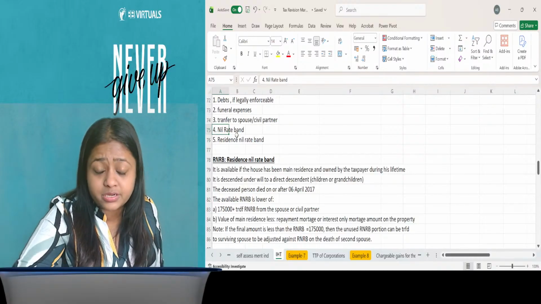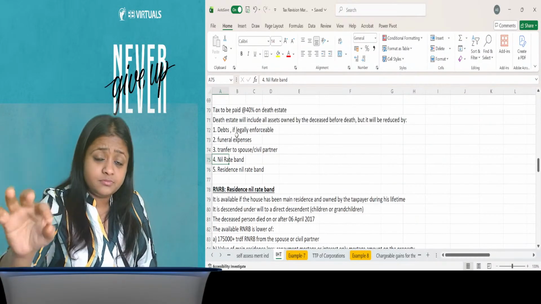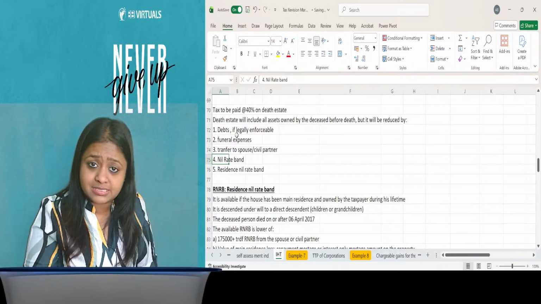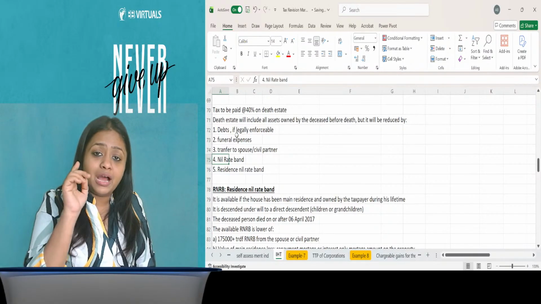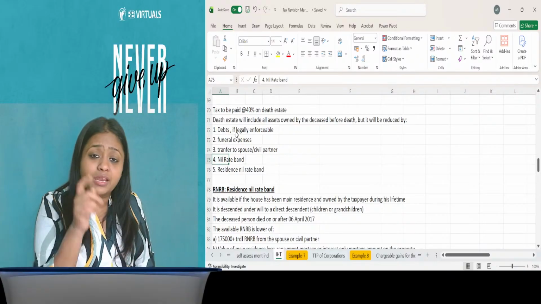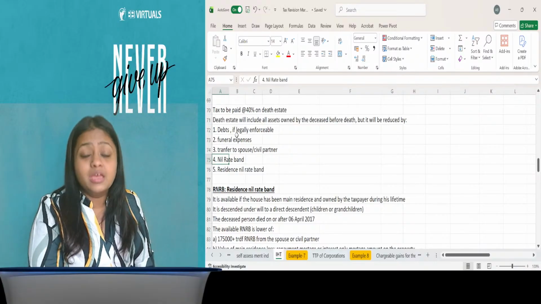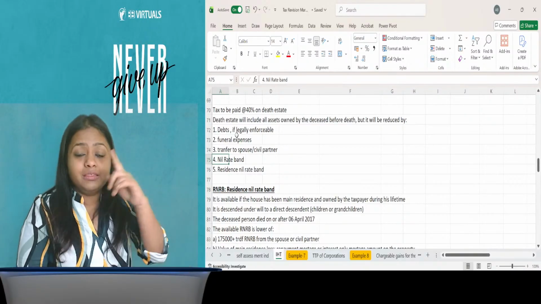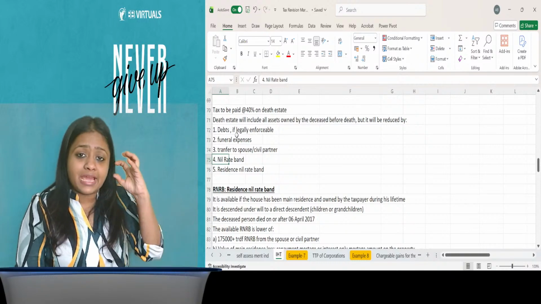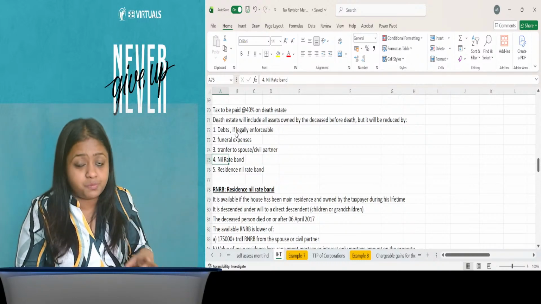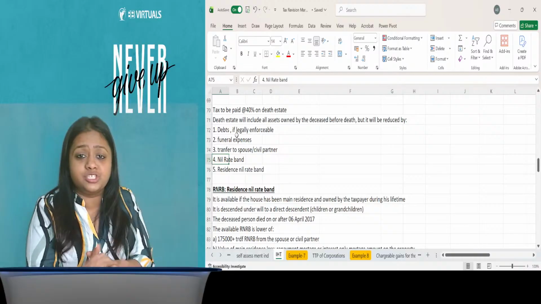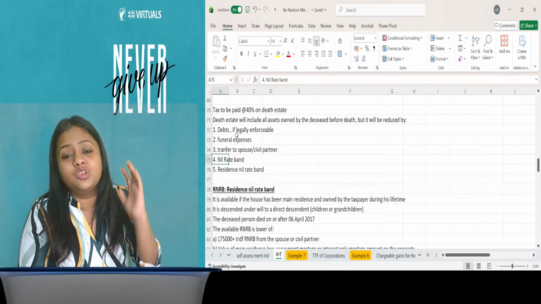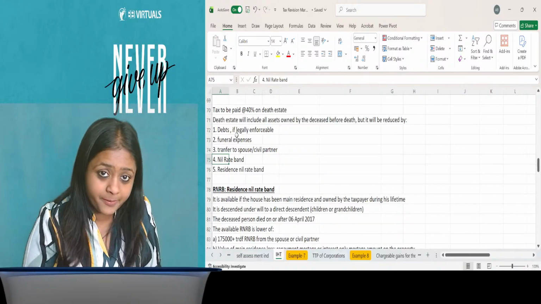The NRB will be of the deceased person himself or herself, plus if the other spouse or civil partner has died before this spouse, that means the first spouse has already died and now the second spouse dies, then for the first spouse, if there is any NRB that was not utilized because the estate was already covered by the partial NRB only, then that unutilized NRB will be used for the second spouse as well.